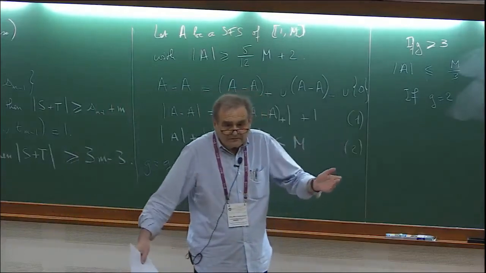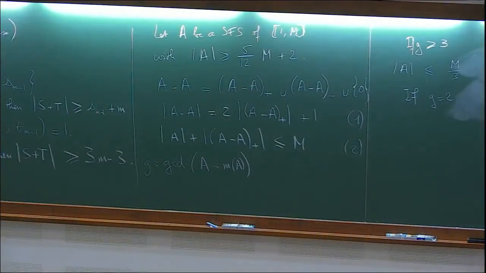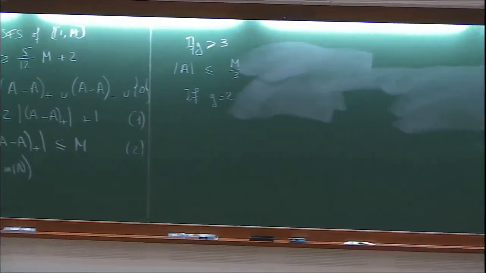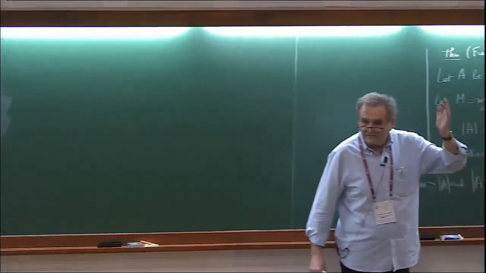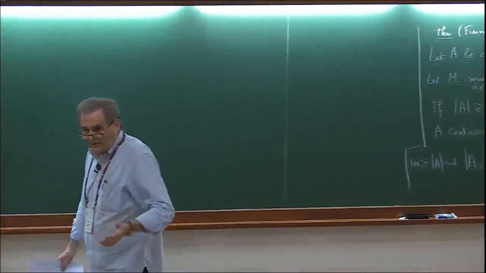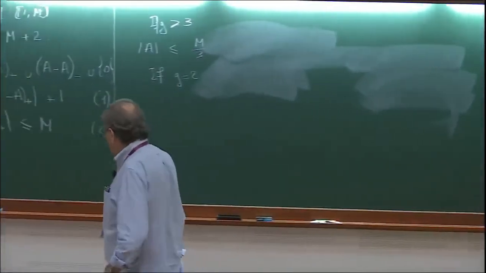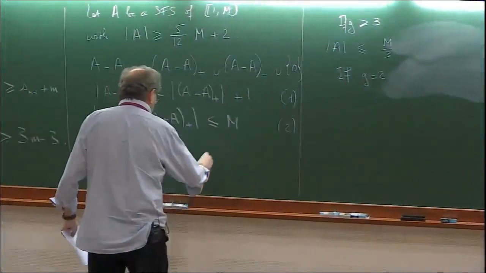You know that you cannot say anything, because any set of odd numbers is fine, it is sum-free, and there is nothing much to say. There is no other structure than to say that it is just odd numbers. So all elements are odd.